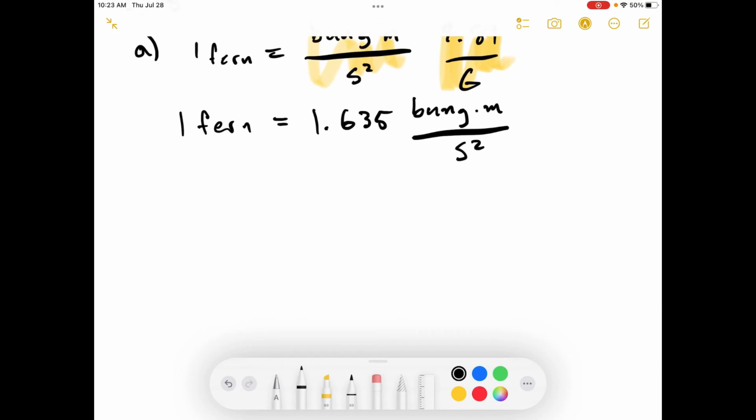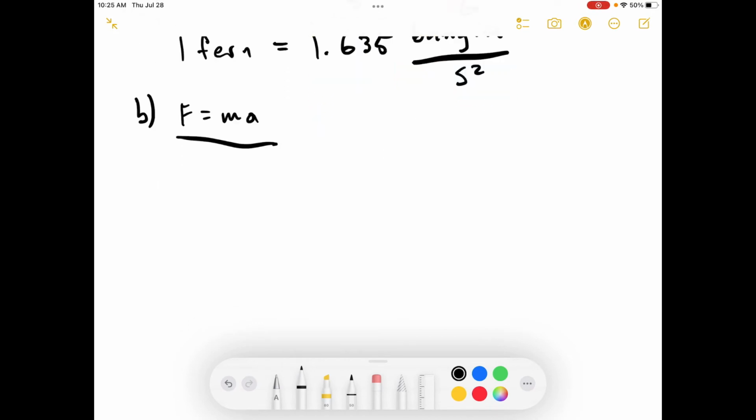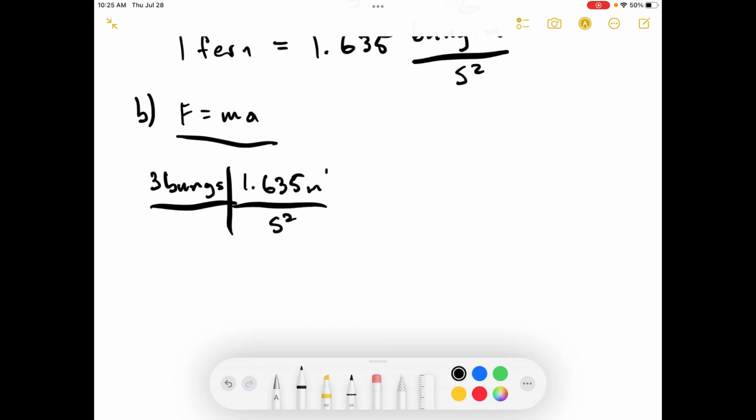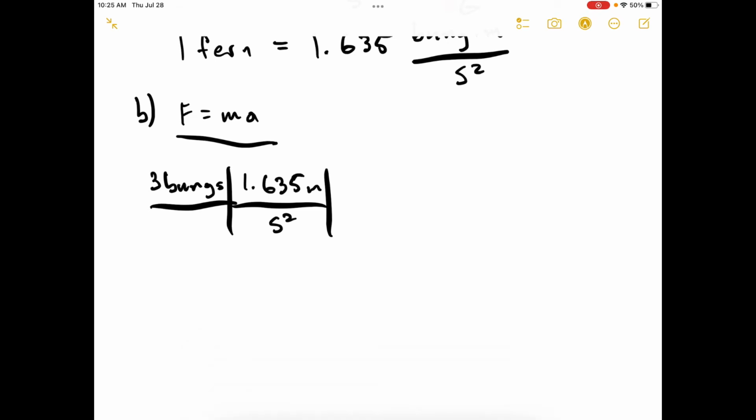We are moving on to part B. Right, so we're calculating the force, or the weight, of 3 bungs on the moon. Okay, so the mass is 3 bungs, and the acceleration on the moon is 1.635 meters per second squared. And we need to use our conversion factor in order to convert into ferns.